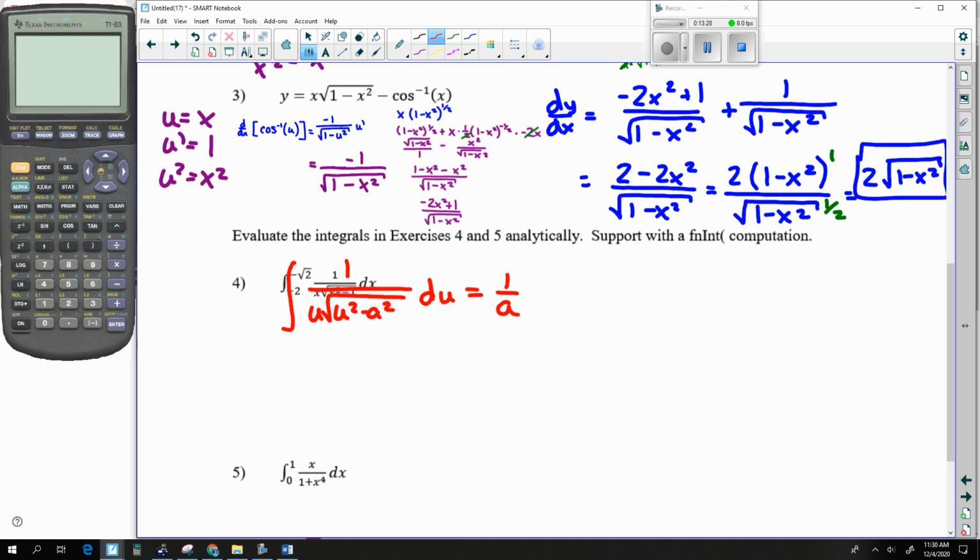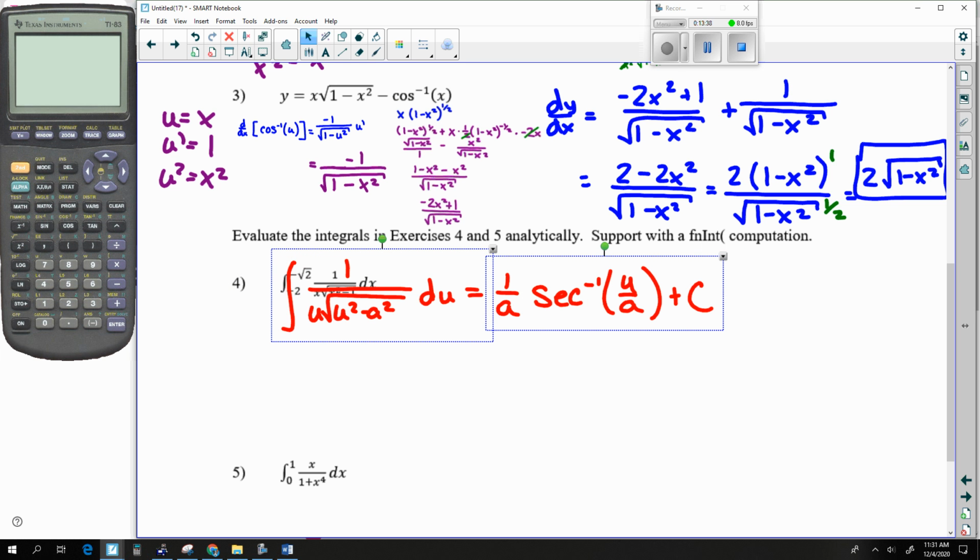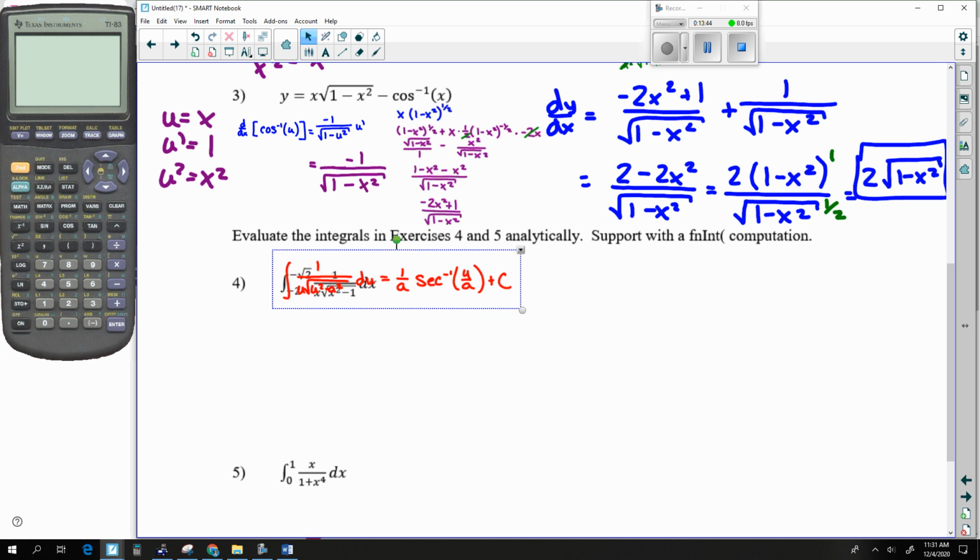So this is going to be 1 over a times inverse secant of u over a, plus c. Okay, but because it's a definite integral, I don't have to put the plus c, but I do have to evaluate this. And also because this is a definite integral, I'm going to redefine the limits. So once I go to this u, I don't go back to the x.